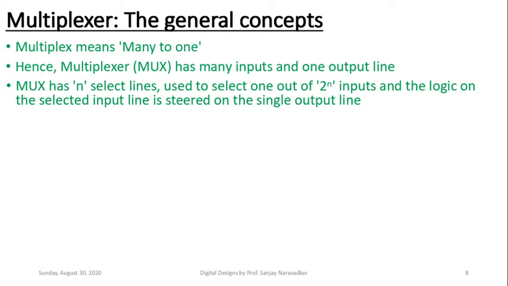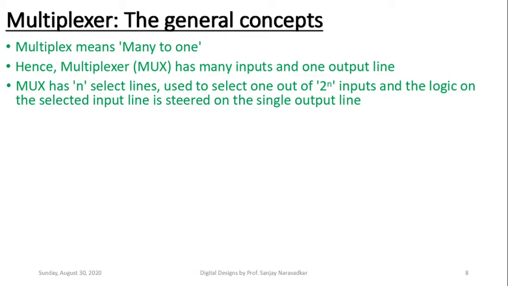And once one particular input is selected, the logic on that selected input line is steered on the single output line. As we stated earlier, a multiplexer has a single output line, and out of the many inputs available to it, one will be selected.